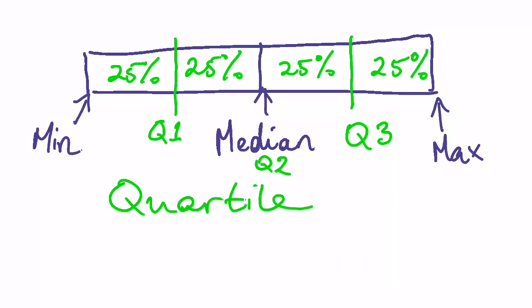But when I say quarters, I don't mean quarters of value. I mean quarters in terms of how many of my data values are there on each side of those lines. So if I look at the example I did earlier with the sick days, remember that I found a median of 5.